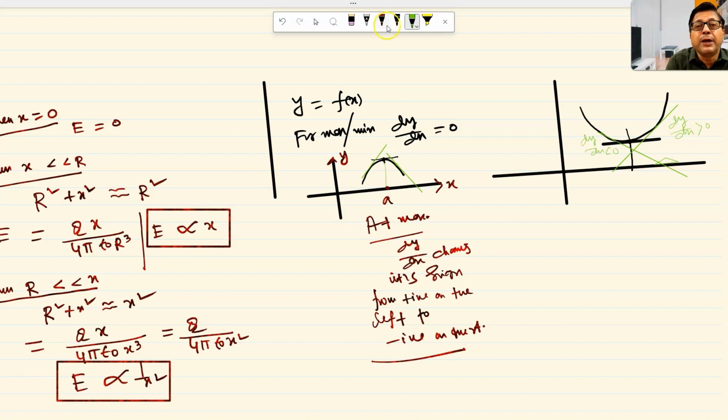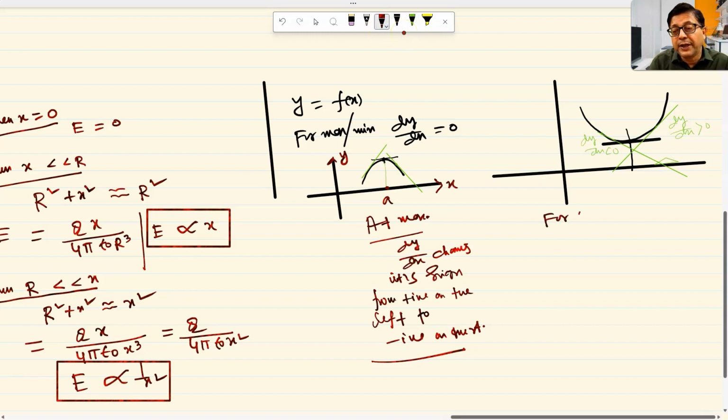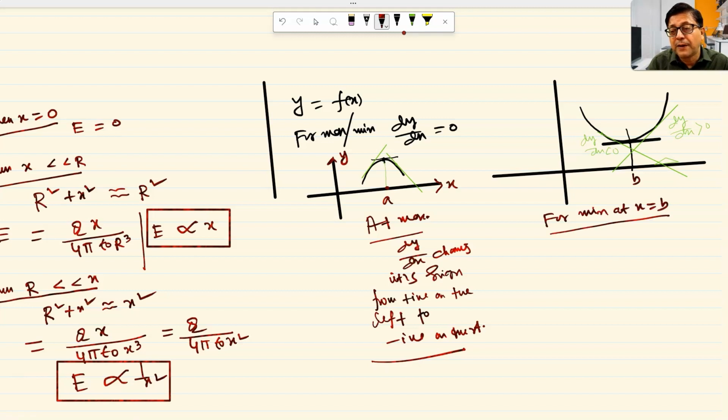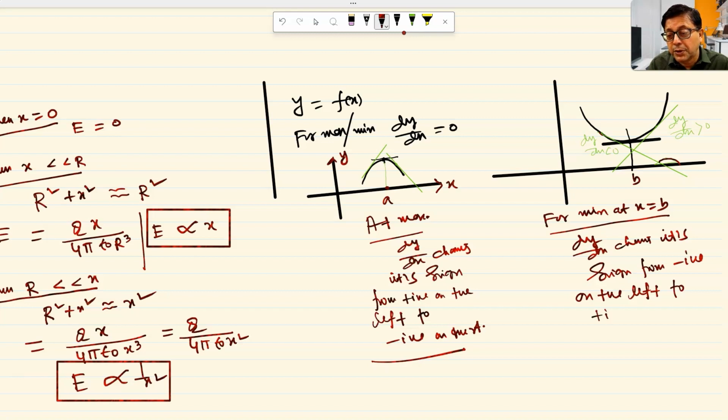So for minima, what happens? For minimum at a point, say this point B, for minimum at x equal to B, dy by dx changes its sign from, this is obtuse, so tan theta negative, from negative on the left, say this is left side and this is right side, to positive on the right.